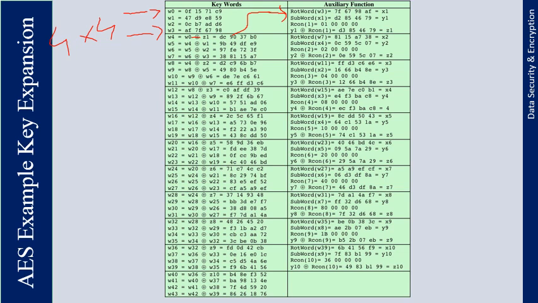Then the next method, SubWord, is performed by a byte substitution on each byte of its input word using an S-box. So for example, we have performed SubWord on X1, a value from our initial plain text, which gives the value Y1. The initial value was X1.